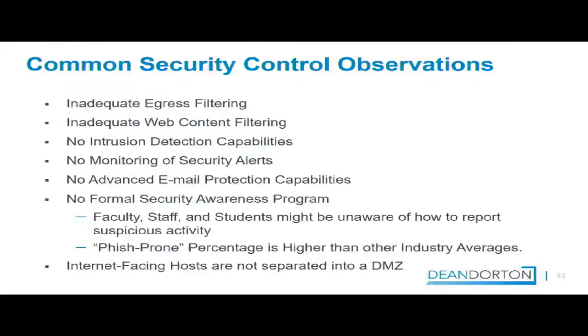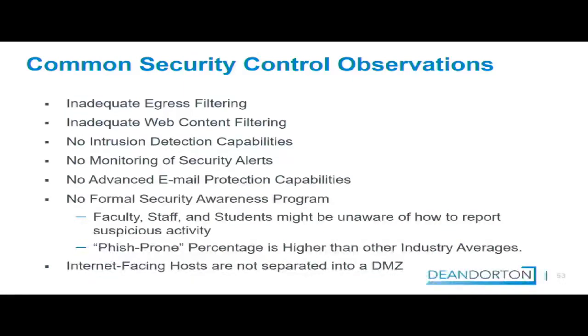So we're going to cover common security controls now. We typically will assess the effectiveness of security controls like egress filtering. So this is filtering that's in place on your network perimeter at the firewall out to the internet. We typically see pretty good ingress filtering, so filtering coming into the organization, but typically no restrictions on filtering outside the organization.